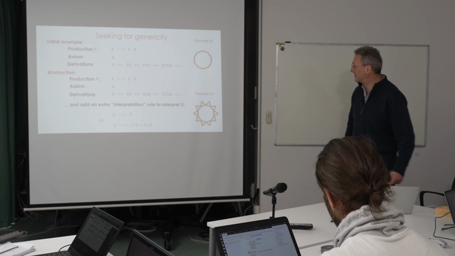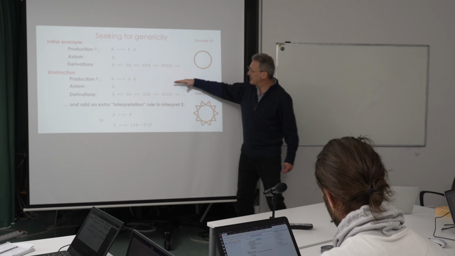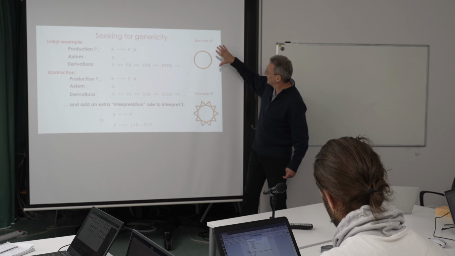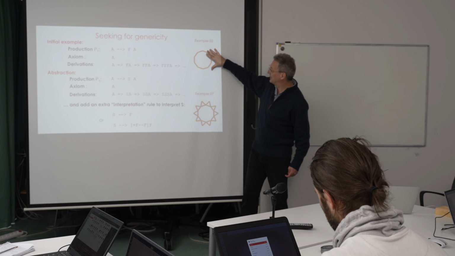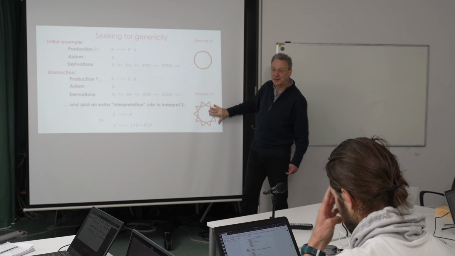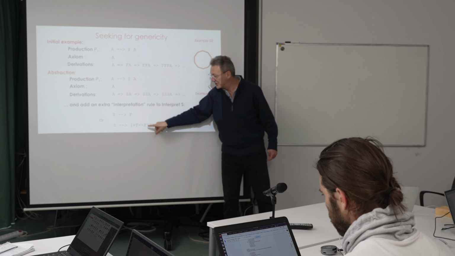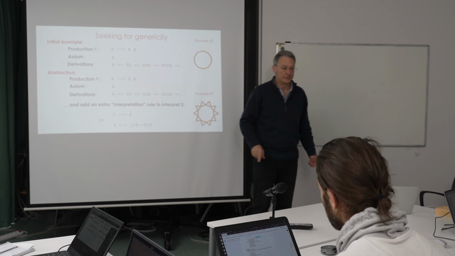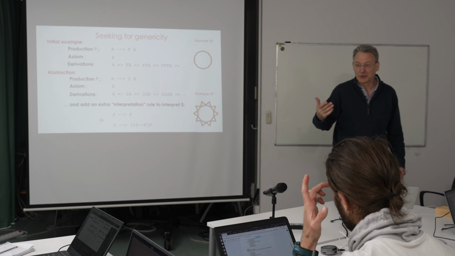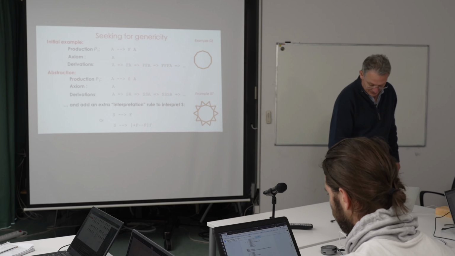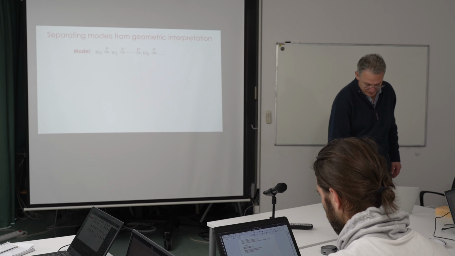And this makes it possible with the same model to produce either this type of figure or this type of figure, just by changing the interpretation rule. So this is extremely convenient to separate the things and not mix them up.